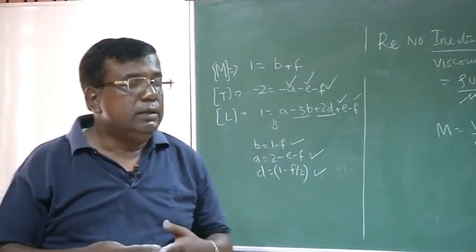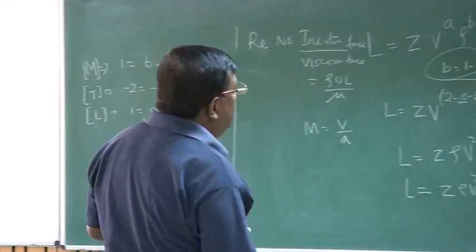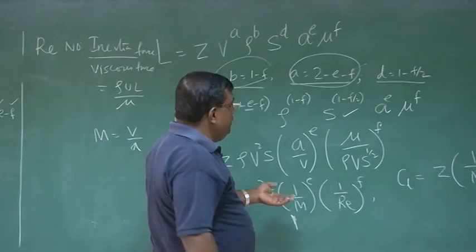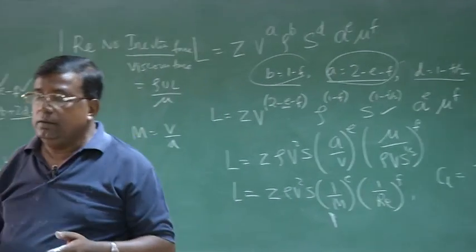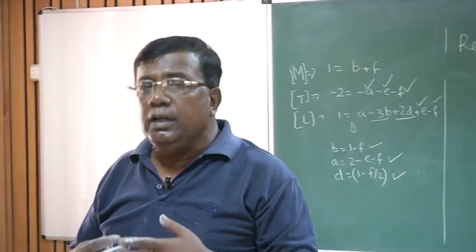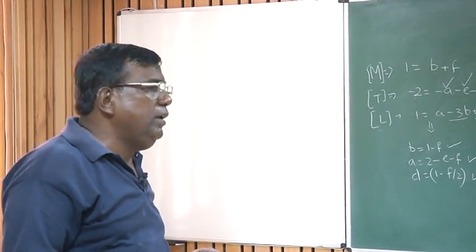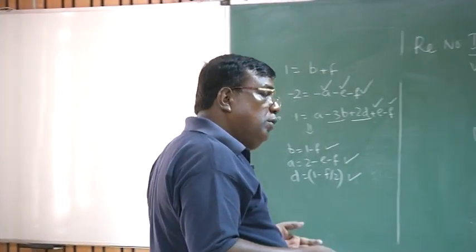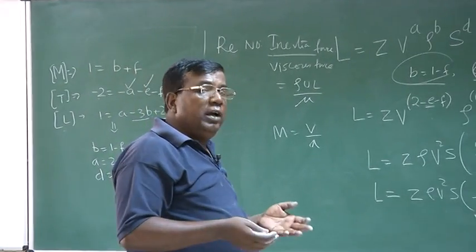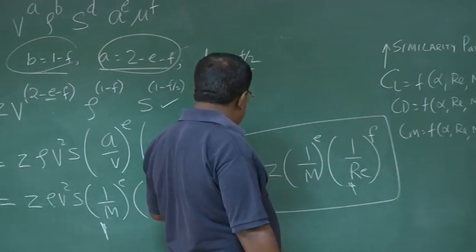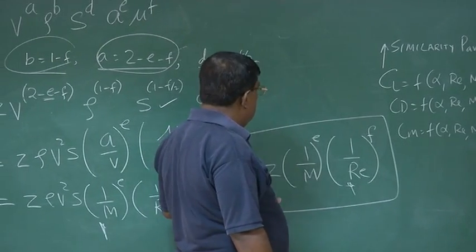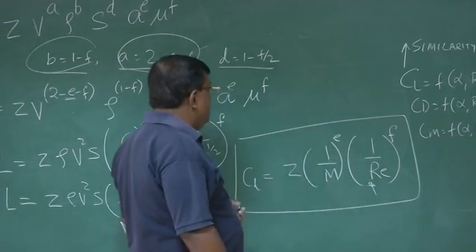In fact, beyond 0.3, this effect starts playing a role because the flow becomes compressible. For all our lectures in this course, we will be talking about incompressible flow, that is, the speed of the aircraft is low and the Mach number is less than 0.3. Okay? Let us understand what is the advantage, what is the benefit we are having from here.